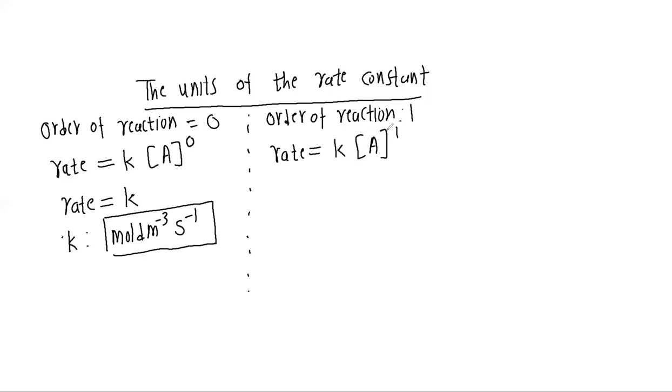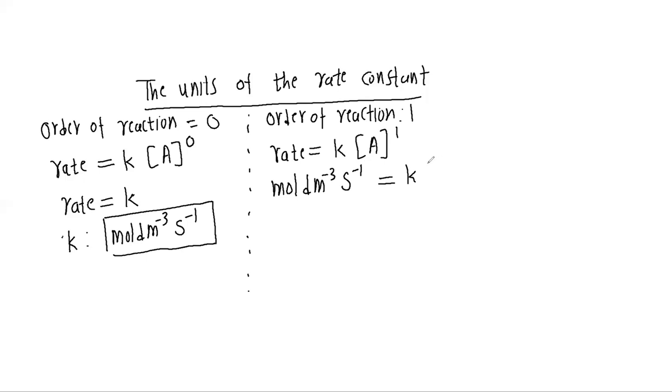Either you don't write it, still it will be assumed that it is raised to 1. Now let's compute the units of K. Rate, by definition, its units are fixed: moles dm cube second raised to minus 1. K, dimensions or units we are trying to find out.